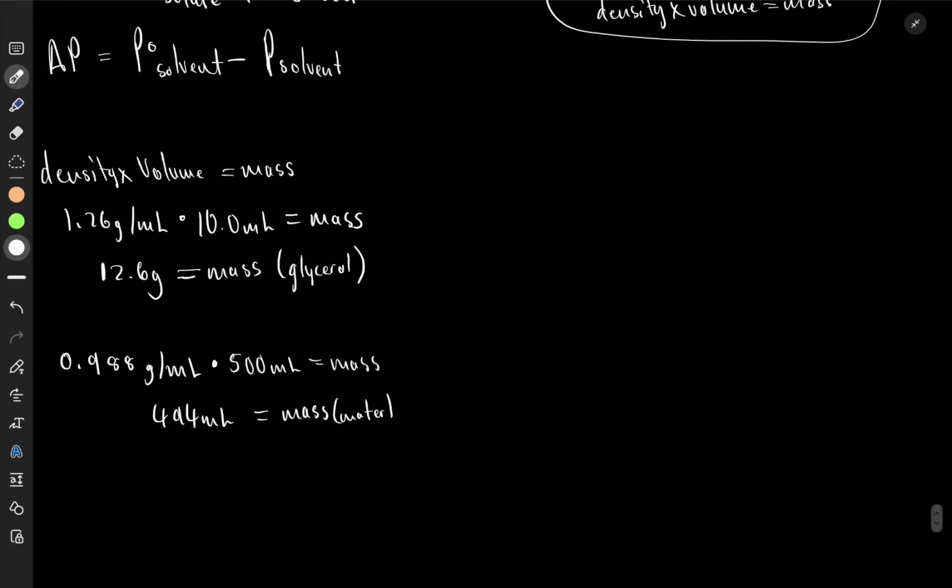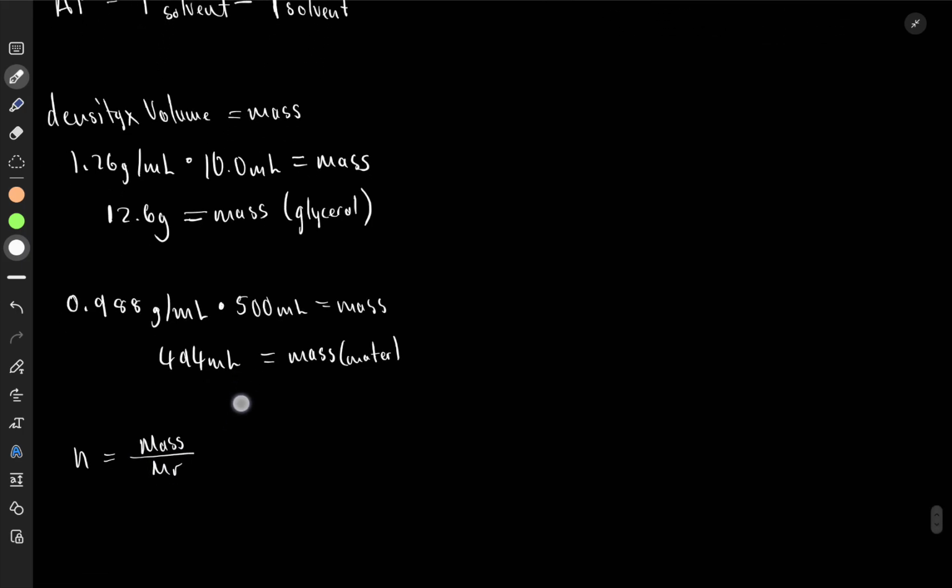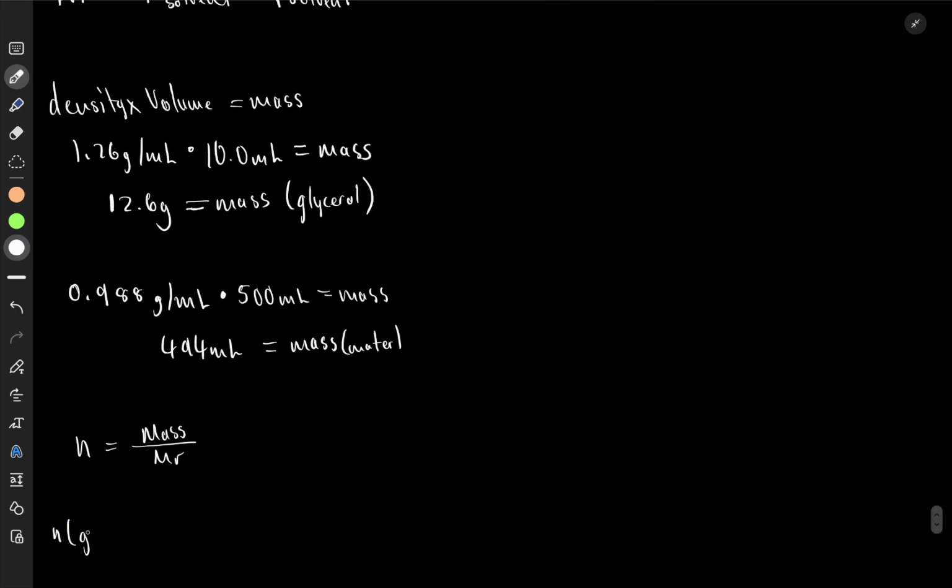So now I can go and say number of moles of glycerol. We can first just say number of moles is equal to mass over MR, which means the number of moles of glycerol is going to be the mass in grams, always in grams, 12.6 grams over the MR of glycerol.